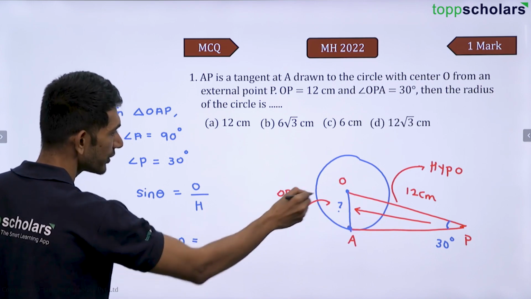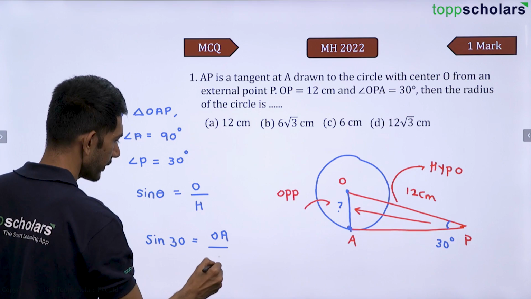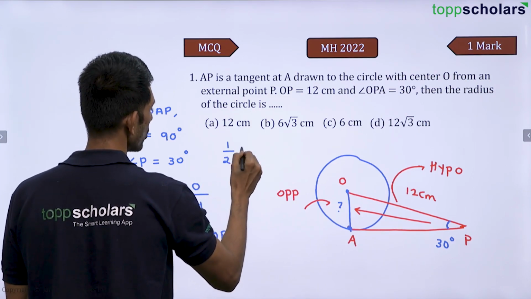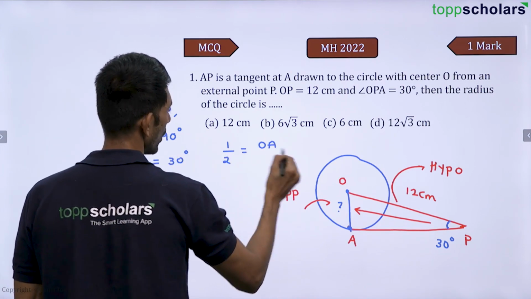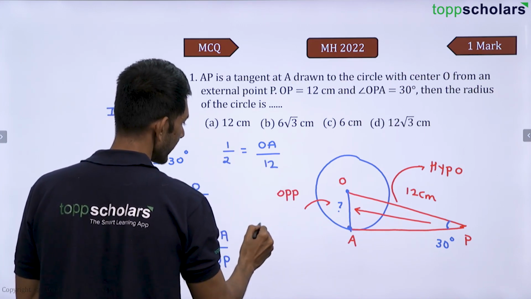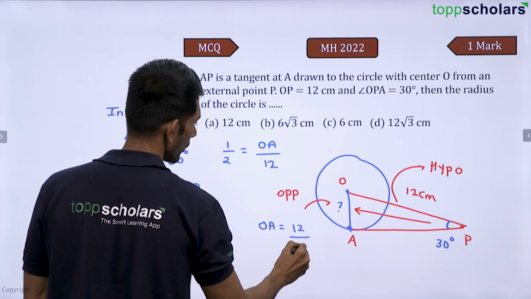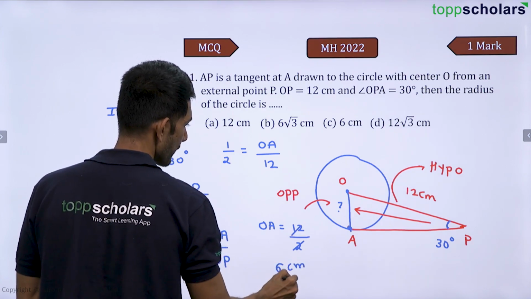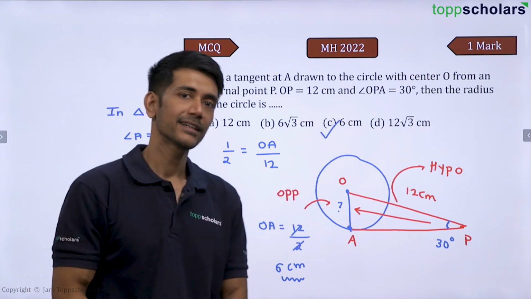Sine 30 is opposite, which is OA, by hypotenuse, which is OP. Sine 30 is 1 by 2. So 1 by 2 is equal to OA, which we don't know, by OP, which is 12. So 12 goes on the other side. So OA will be equal to 12 by 2, and OA is going to be 6 centimeter. So 6 centimeter is the correct answer.